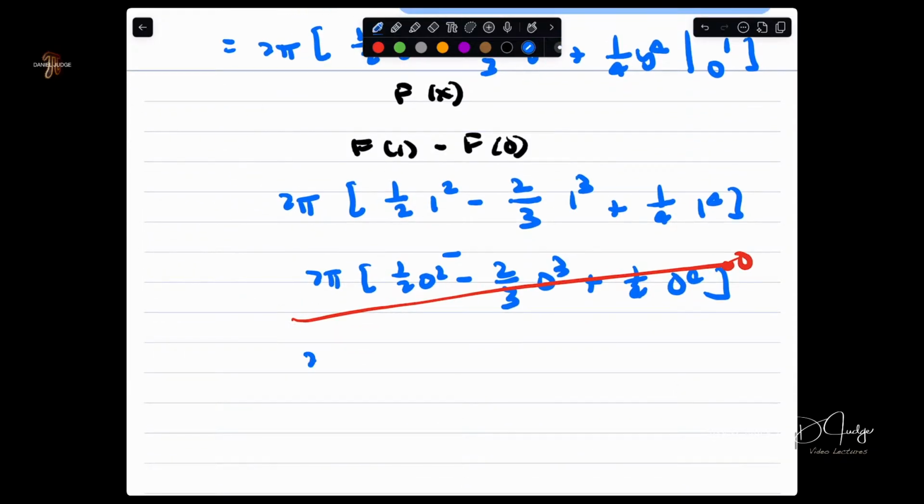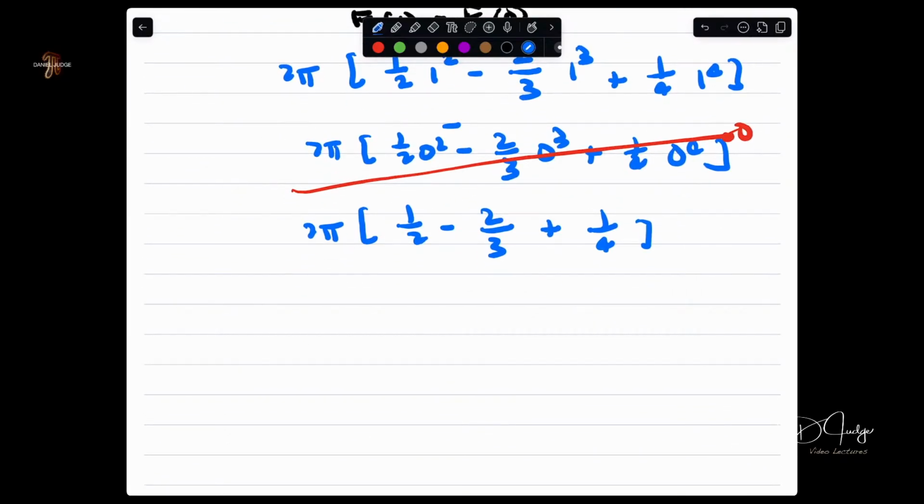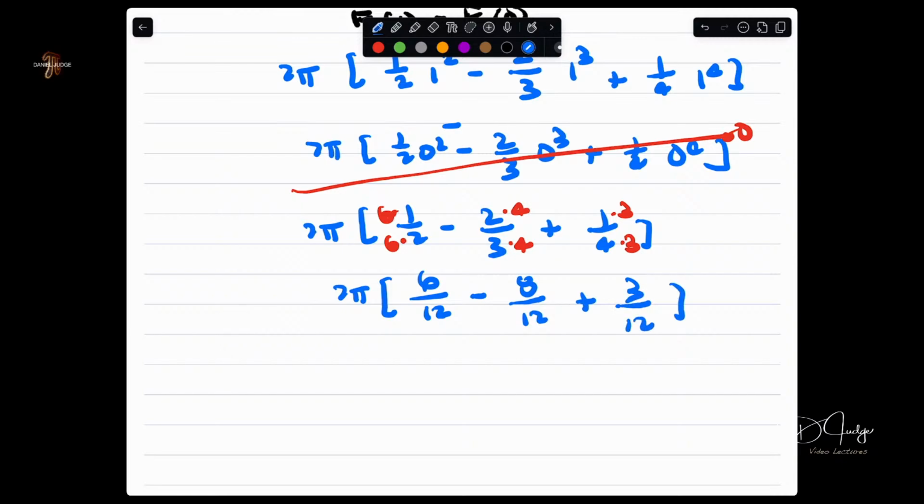All right. 2 pi times 1/2 minus 2/3 plus 1/4. So the LCM of 2, 3, and 4 is 12. So I'm going to multiply 6 to the top and the bottom, and then a 4, and then a 3. 2 pi times 6/12 minus 8/12 plus 3/12.